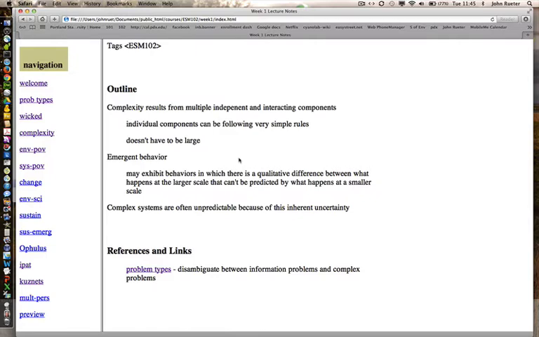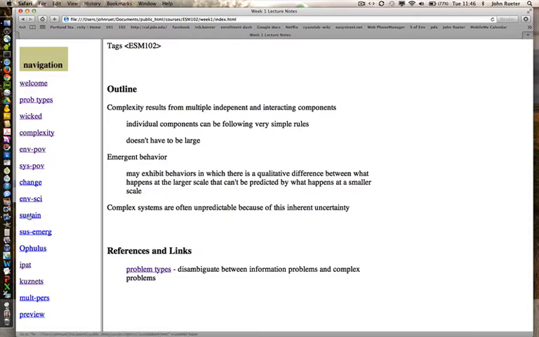And this is going to come back in the course over and over again, that these complex systems are unpredictable, and therefore we need to address them in a different way than we would if we could just identify all the factors that are leading to the outcome.